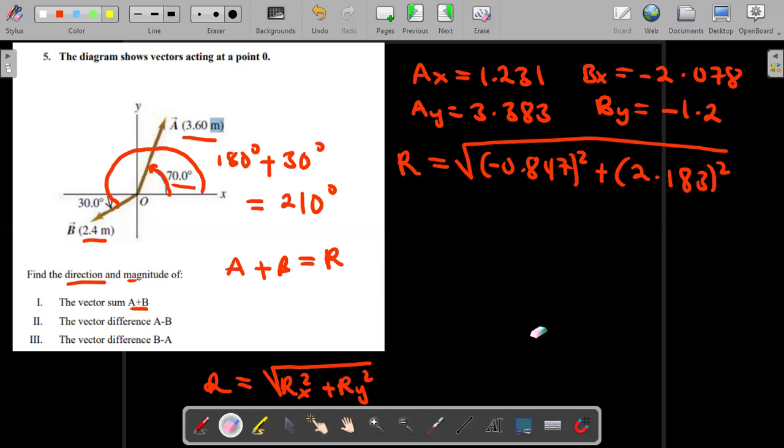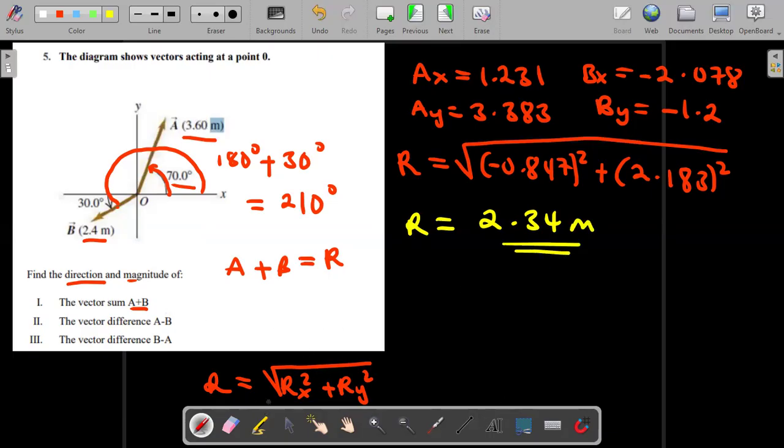Then you add those, then you put the square root, and after you evaluate your root, R is just going to be equal to 2.34. So I've rounded off to 2 decimal places. And of course, we are using meters. So this is our resultant vector, which is A plus B.